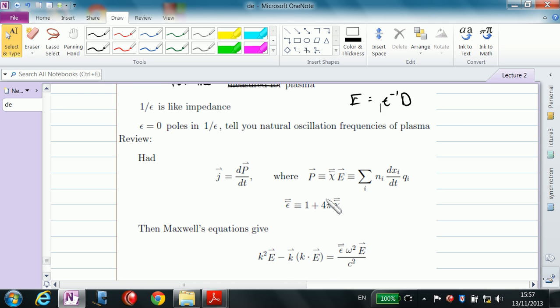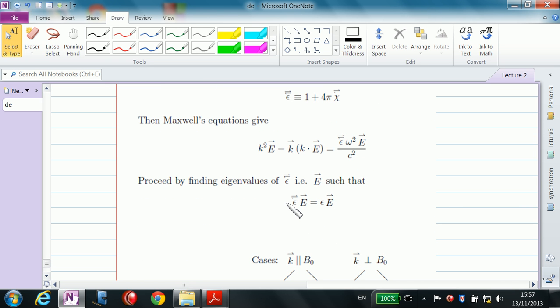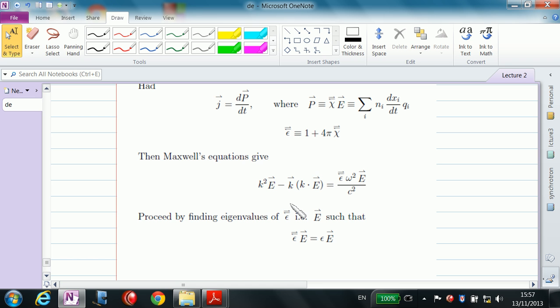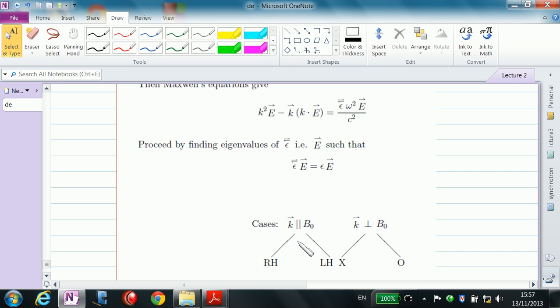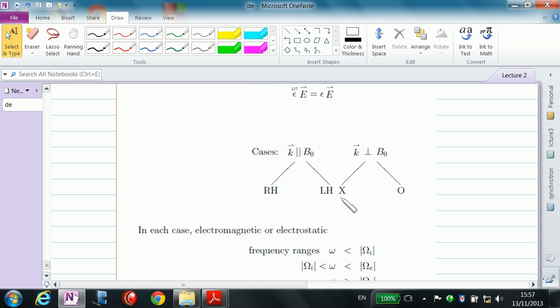Now, this seems to just be a review of what I said. Maxwell's equations give this, and you find the eigenvalues of epsilon, such that this epsilon is an eigenvalue of this tensor. Now, somebody wanted magnetic fields.